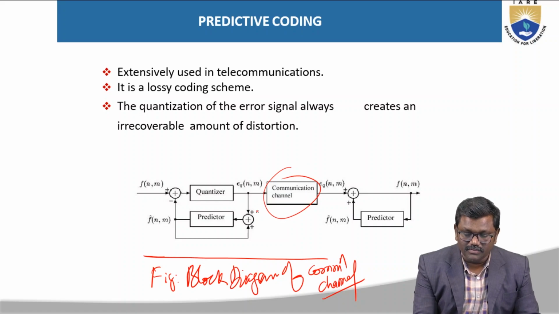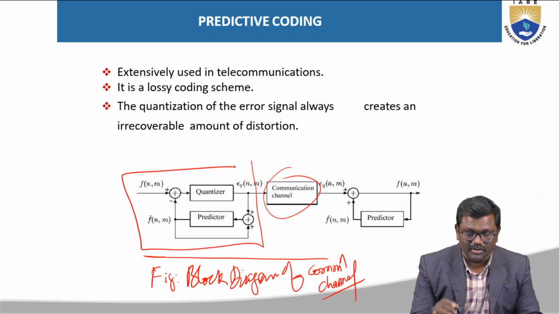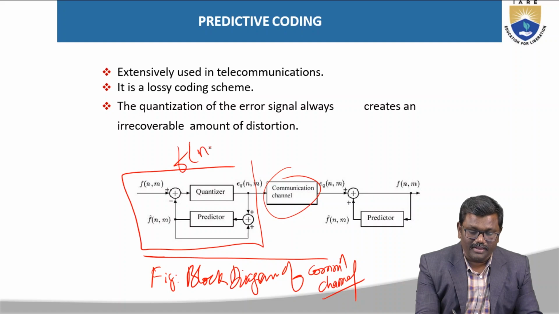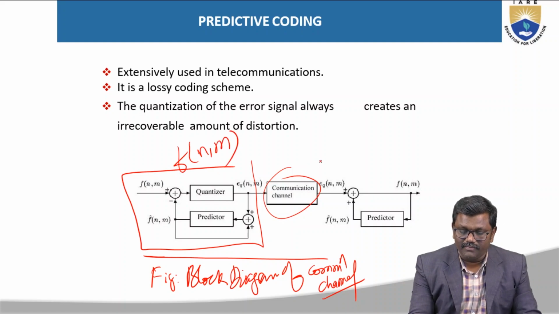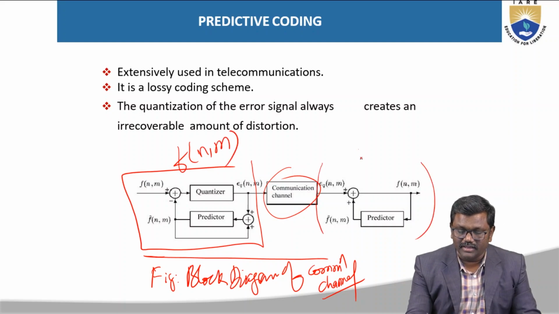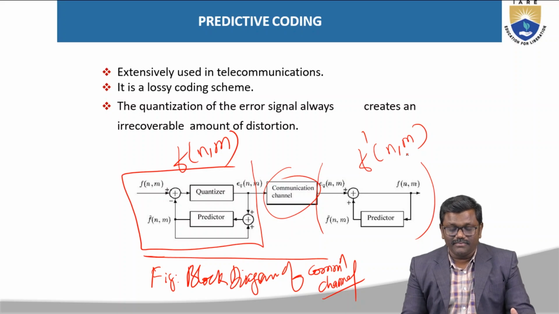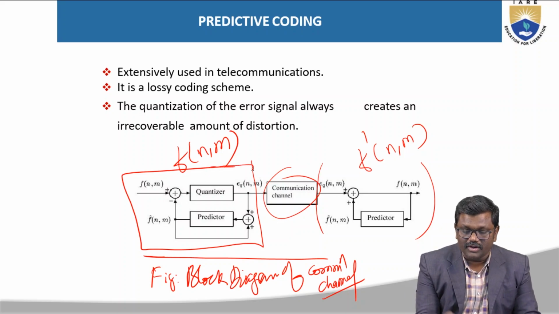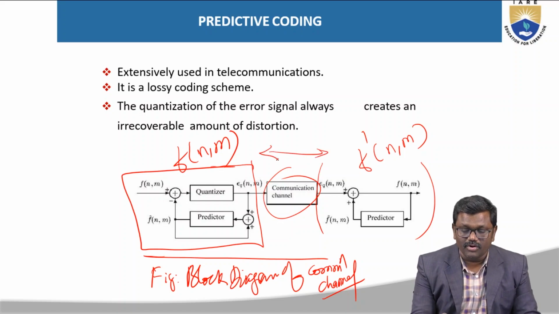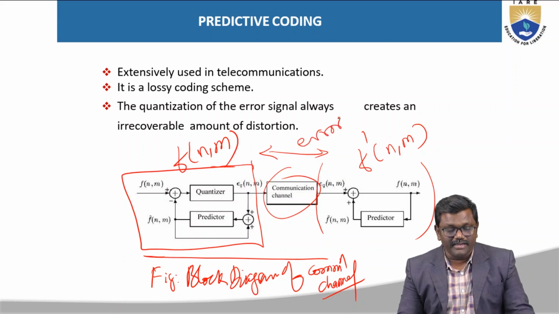In this part we take your f of n comma m, and in this part we have f dash, that is f cap of n comma m. What is the meaning of the relation between these two values? Between these two values, we are going to find an error value. So how are we going to find this?